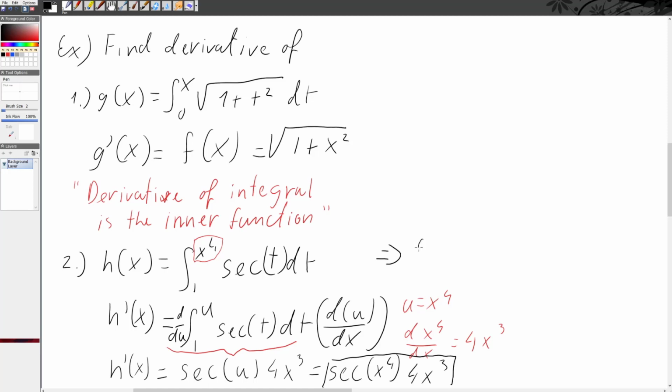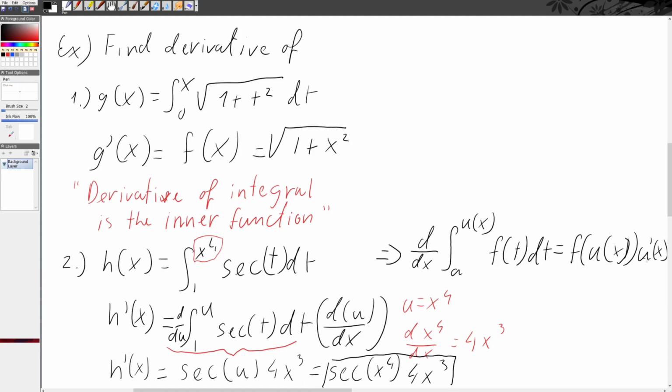The derivative of an integral where the upper limit of integration might not be just x, but might be some other function u of x, of f of t dt, is going to be f of u of x, the function evaluated at whatever the upper limit of integration might be, times the derivative of u of x. Let's do another example like that.